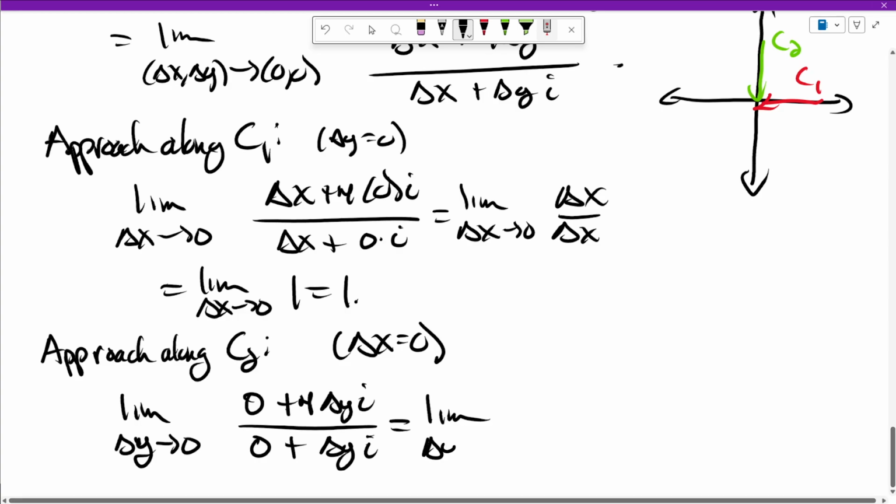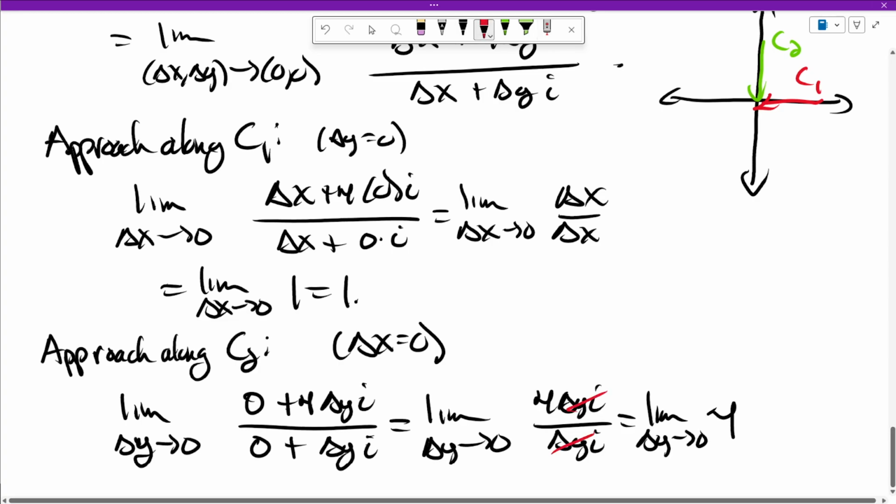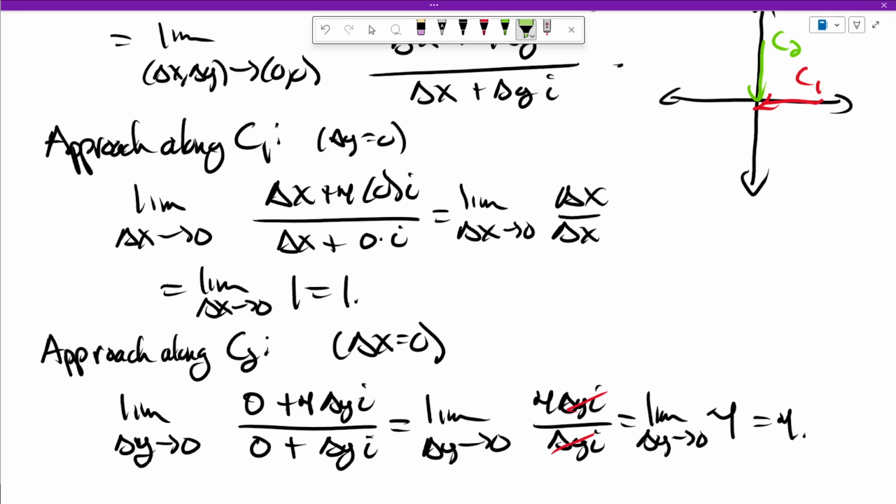So that's the limit as delta y goes to 0 of 4 delta yi over delta yi. But that's the limit as delta y goes to 0 of 4, because they cancel. And that's 4. Aha.